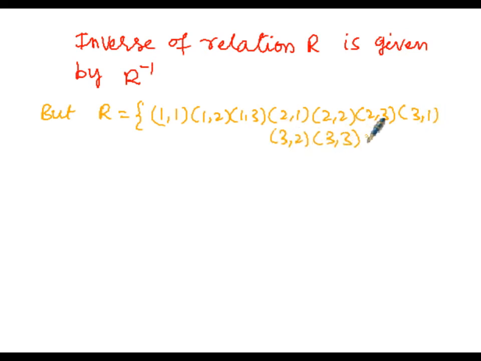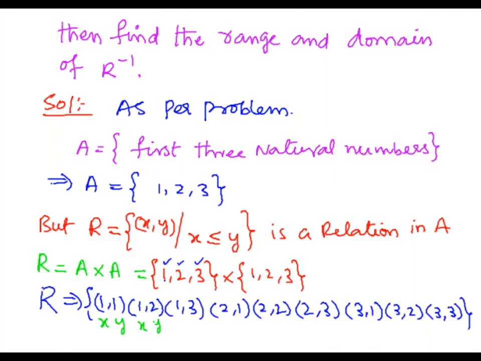These are the 9 ordered pairs as per the relation which we got. So R is equal to (1, 1), (1, 2), and so on up to (3, 3).